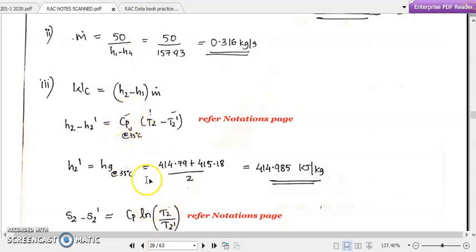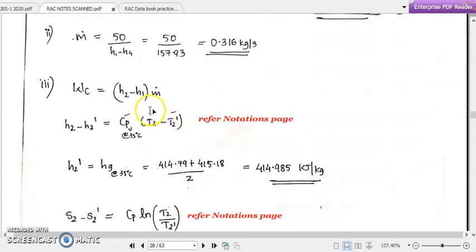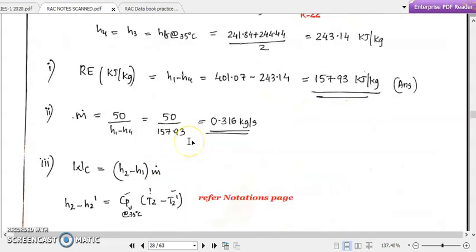Then the T2 dash value we have already marked in our TS diagram. T2 dash is nothing but 35 degrees Celsius. But what is T2? Suppose we want to continue with this relation and find the value of h2, we need to know the value of T2. T2 is not directly given in the question.